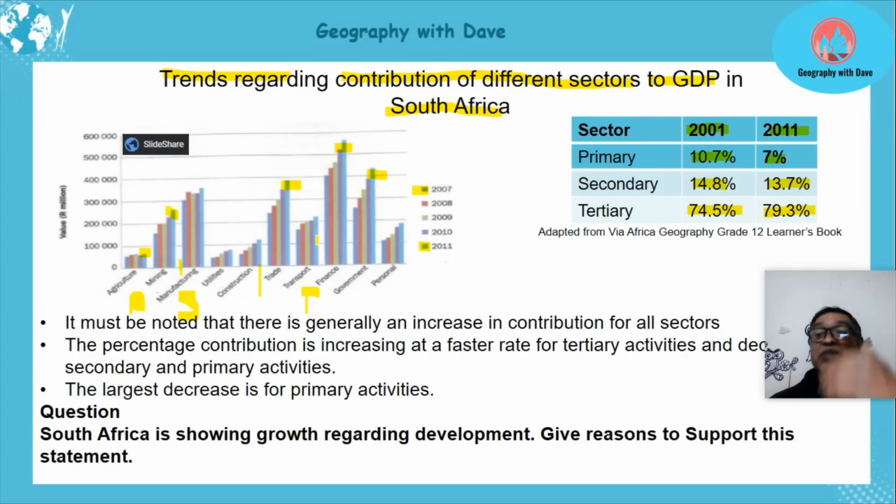We're becoming more and more developed as it is. We're not there yet, but we're becoming more.